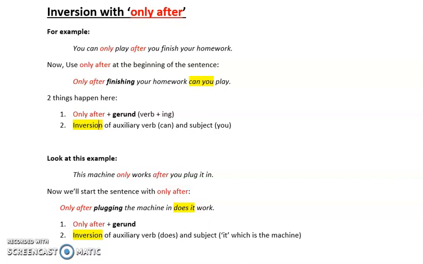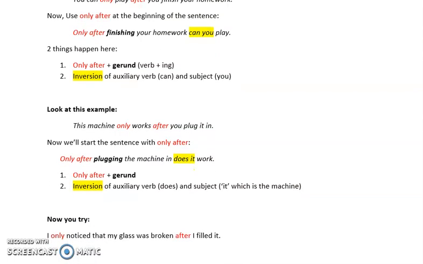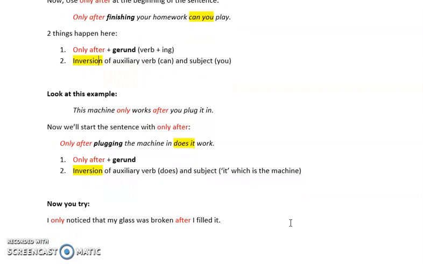Okay. Now I'm going to give you the opportunity to try. You try changing this sentence to using only after, and remember to invert the subject and auxiliary. I only noticed that my glass was broken after I filled it.